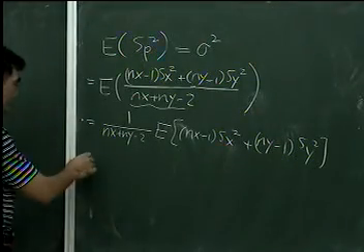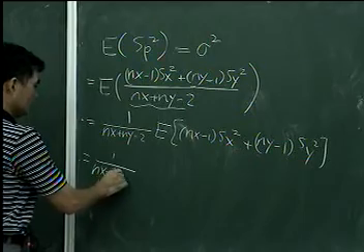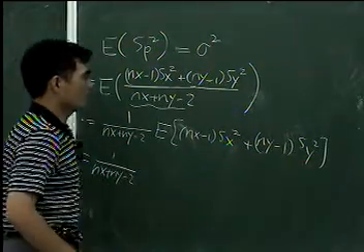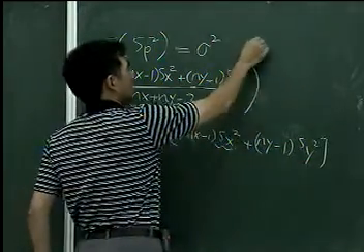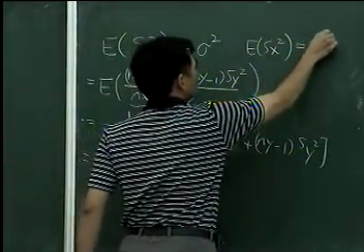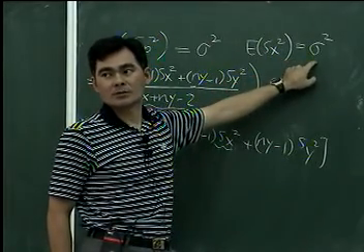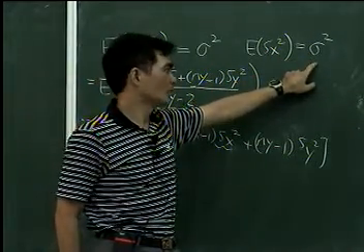Then we know that the expectation of Sx squared should be equal to sigma squared. Remember, we proved this before.